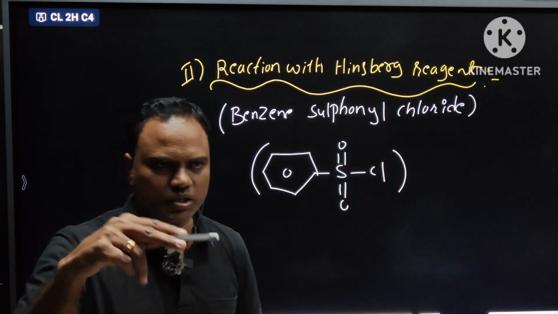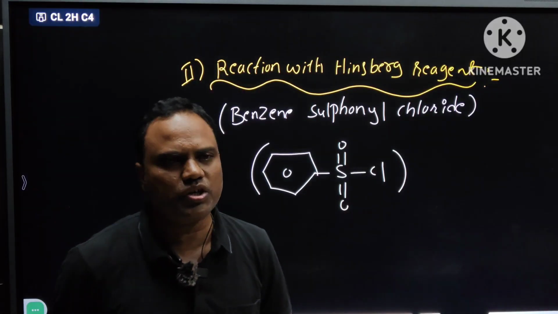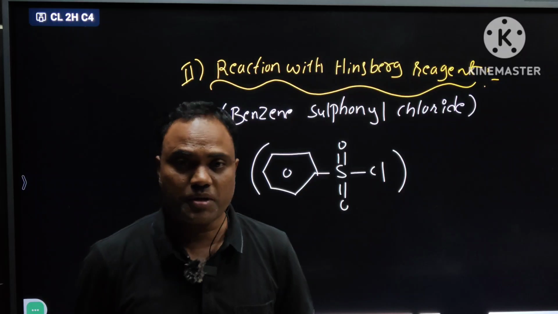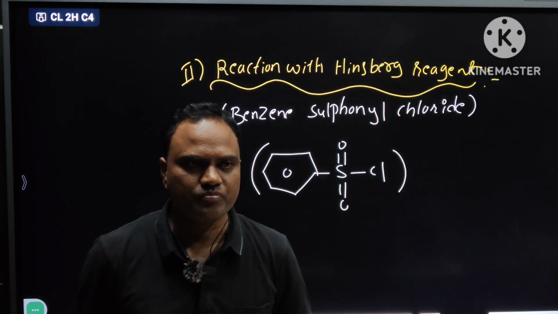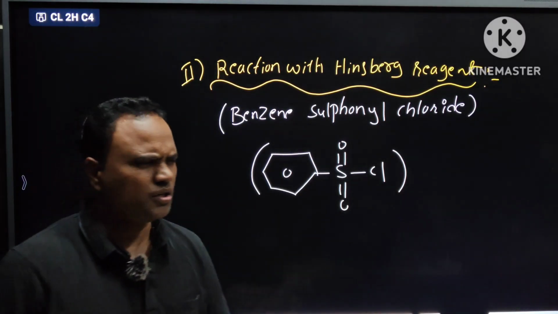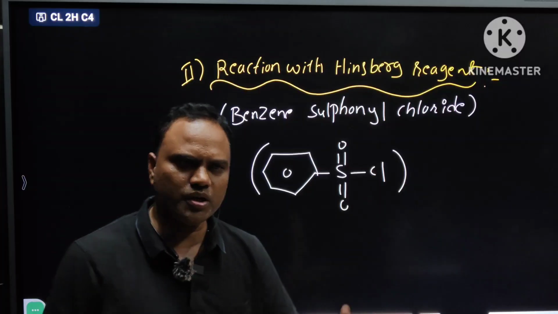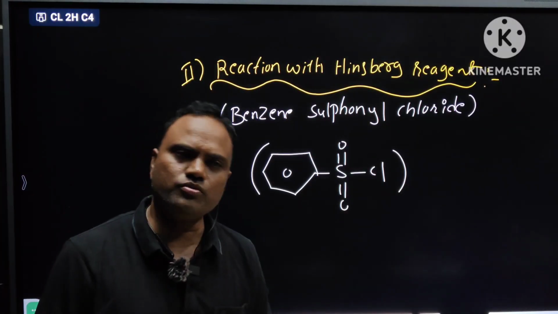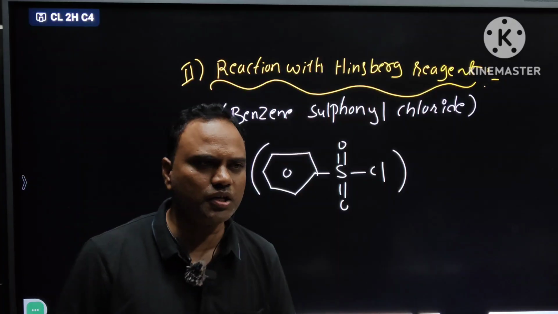Above, the reaction with NaNO2 plus HCl is used to distinguish primary and secondary amines. Yes or no? We can distinguish primary, secondary, tertiary amines, mainly primary and secondary. Tertiary, quaternary is not important, just leave it.